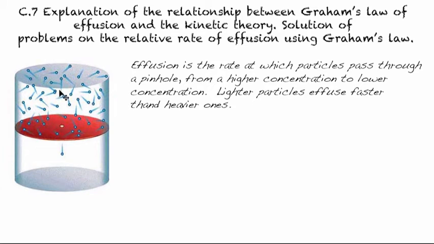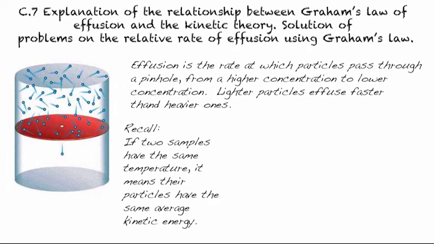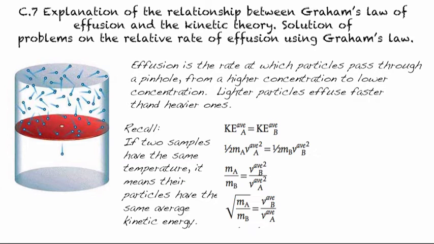So the lighter particles tend to effuse faster than the heavier ones. And that's because, recalling from our unit on kinetics, if two samples have the same temperature, it means the particles have the same kinetic energy. If we break down what kinetic energy is made from, it's made from mass and velocity.